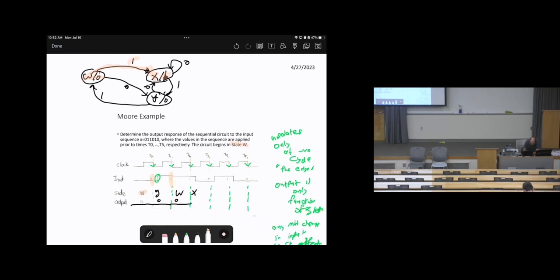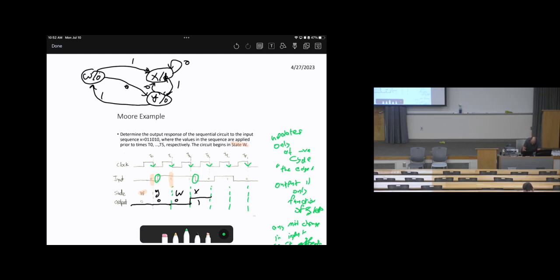Therefore, whenever we are at X, the output is 1. Even though there is a middle cycle change in the input, it doesn't matter. It will not affect the output because the output is only a function of states.